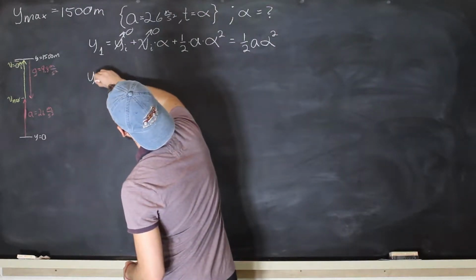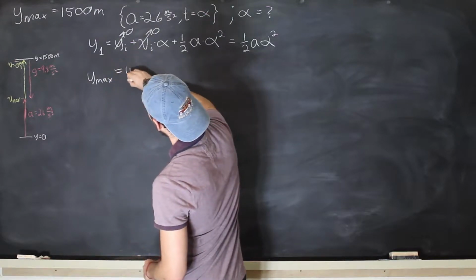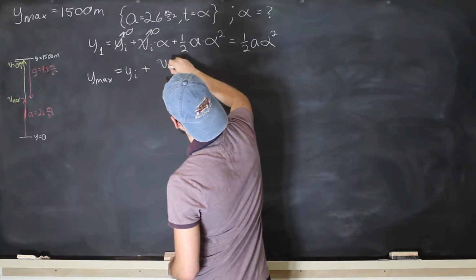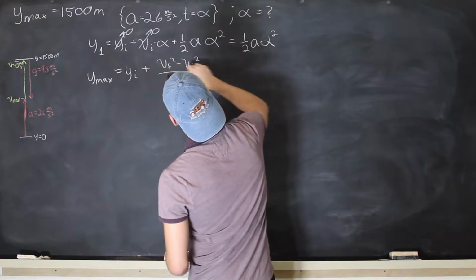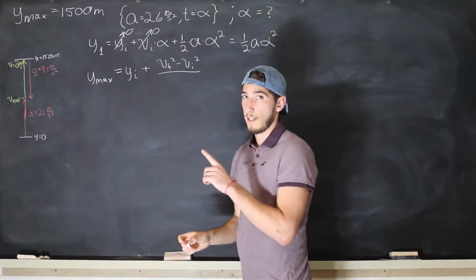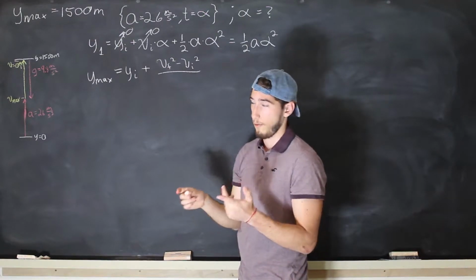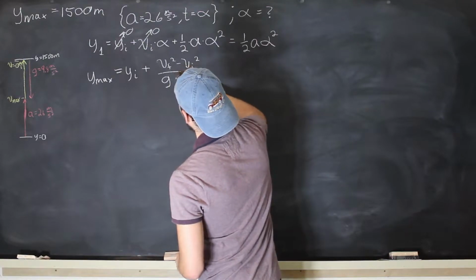So y max is equal to y initial plus velocity final squared minus velocity initial squared over acceleration, but in this case it's gravity, and that's denoted by g for our acceleration, g times 2.